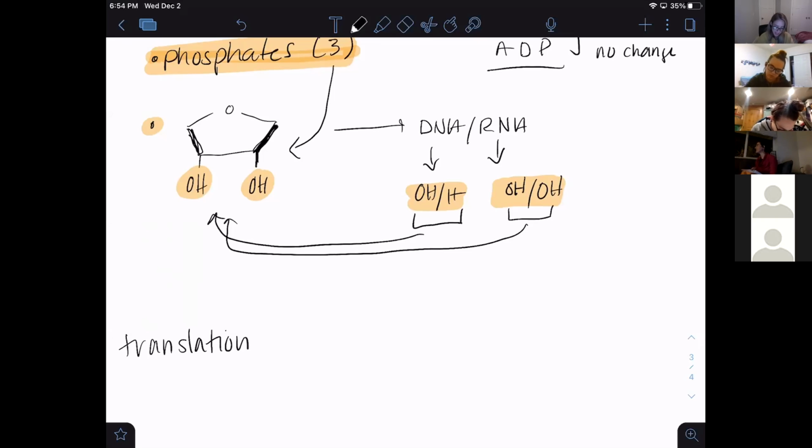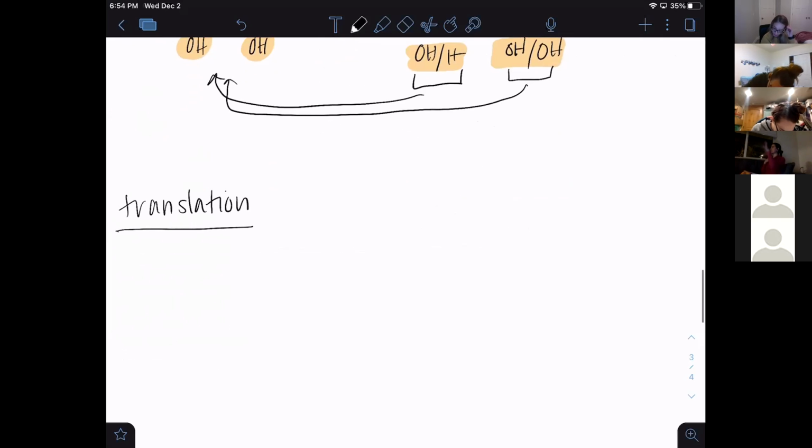Now we need to talk about translation. There are 3 steps in translation. The one you need to know first is going to be what? Initiation. Why?